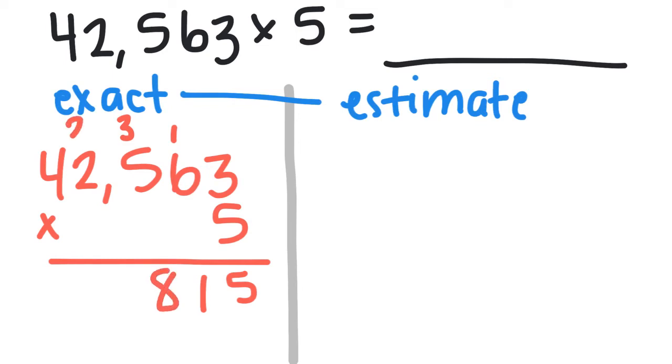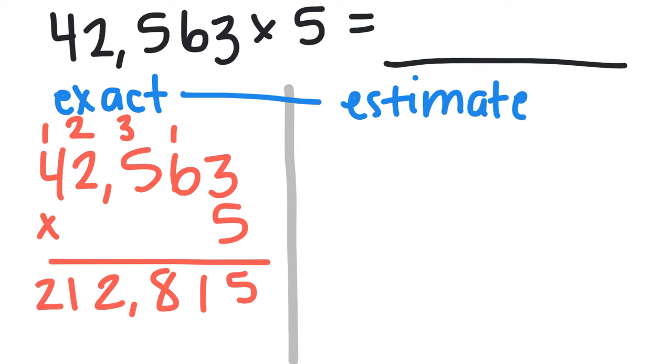Carry my 2. Then I have 5 times 2 is 10, plus the 2 that I carried is 12. Carry the 1. Last one, I have 5 times 4 is 20, plus the 1 I carried is 21. Don't forget your comma. And there is my exact answer.